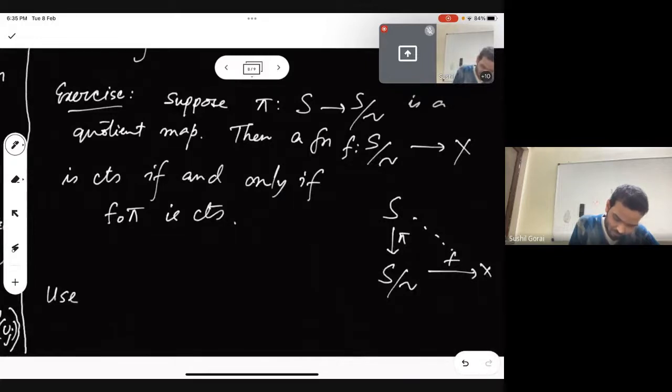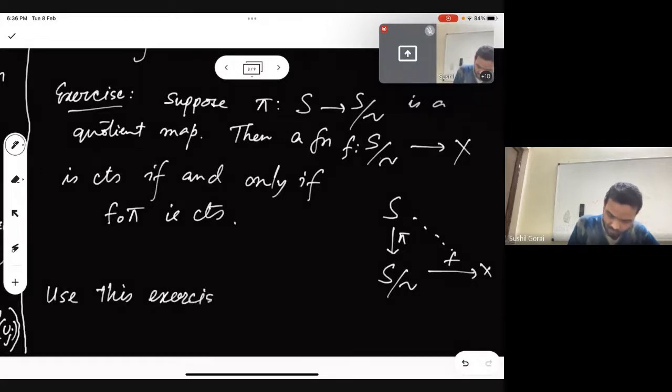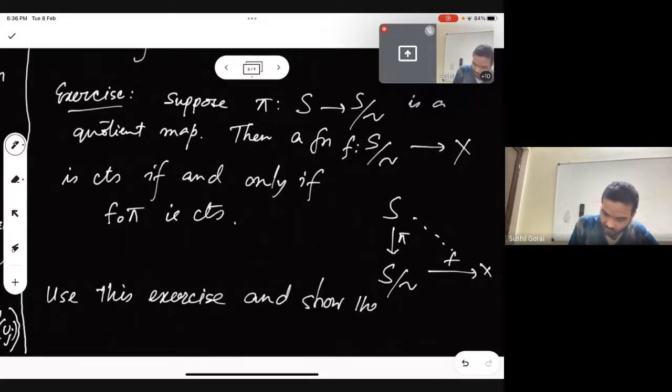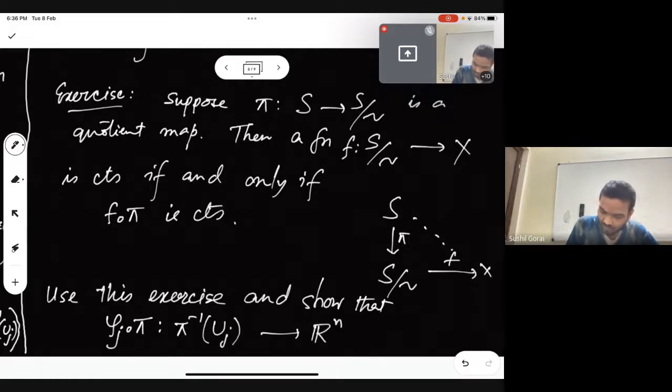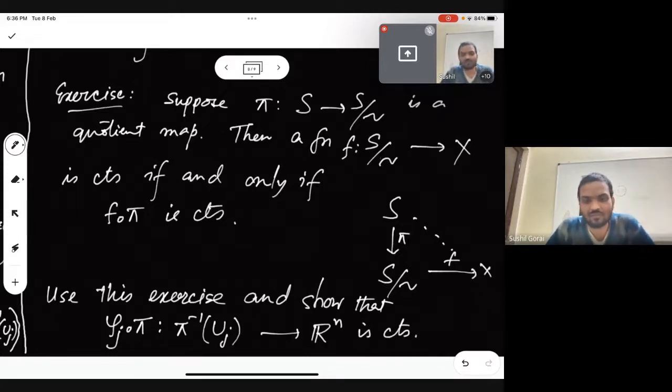Use this exercise and show that phi j composed with pi from pi inverse Uj to Rn is continuous.